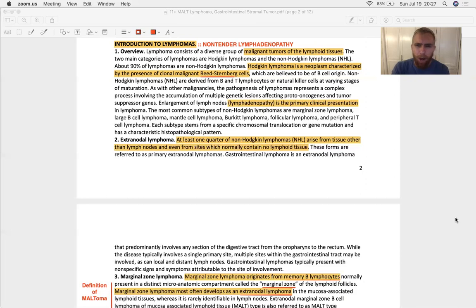And we don't know nothing about Hodgkin yet, us unlearned medical students who have not encountered it in our curriculum. But Hodgkin lymphoma is essentially any lymphoma that exhibits Reed-Sternberg cells on histology. And that's a discussion for another time and place. Non-Hodgkin lymphomas are the majority of lymphomas. And they do not present with Reed-Sternberg cells, as you can imagine.